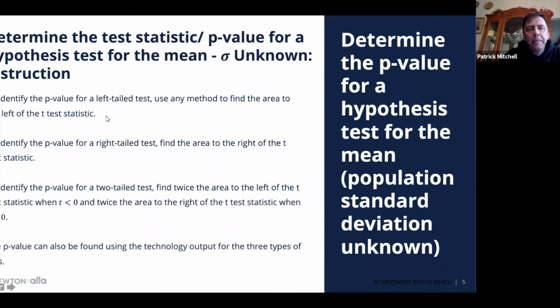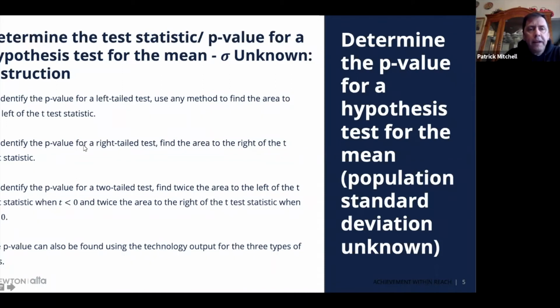To identify the p-value for a left-tailed test, use any method to find the area to the left of the t-test statistic. So it turns out to find p-values for this kind of test, you really have to use technology, all right? So I'll show you how that works.